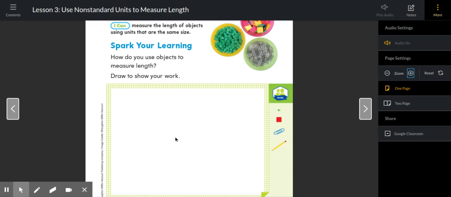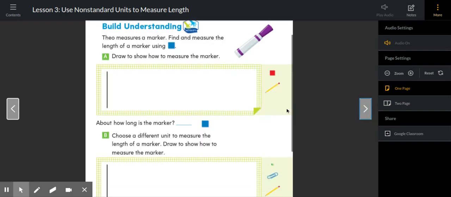So the Spark Your Learning part is just to pick an object, any object you'd like, draw that object in this box, and then label how many clips or how many green cubes long it is. So for example, I might draw my stapler and I might write below it 14 green cubes long. Okay, so you have some choices on that page.